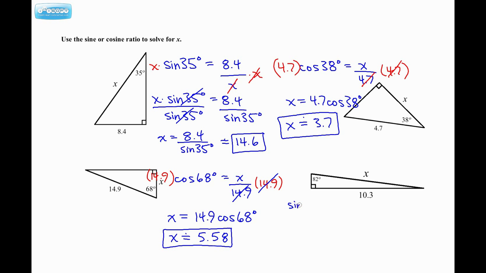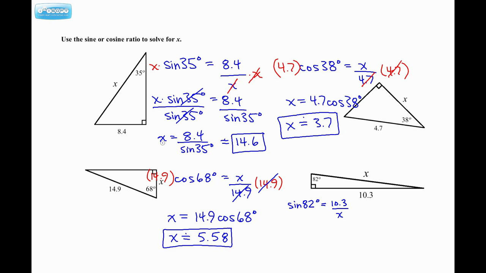The sine of 82 degrees is opposite divided by the hypotenuse. So that is actually set up exactly like this one. And I'm going to skip all this work this time, because look at how I ended up getting my answer.